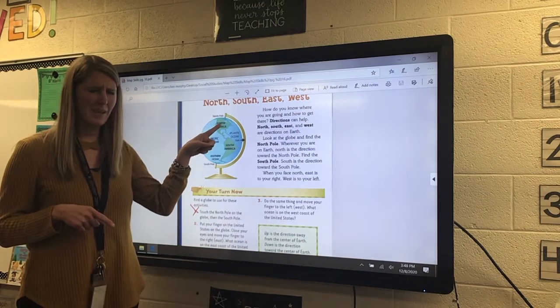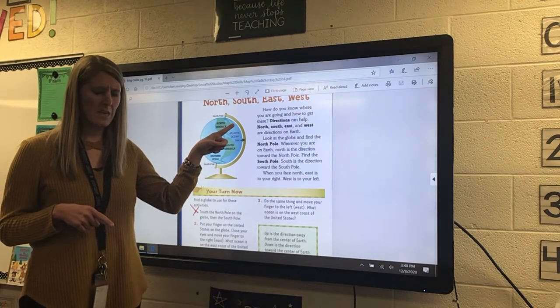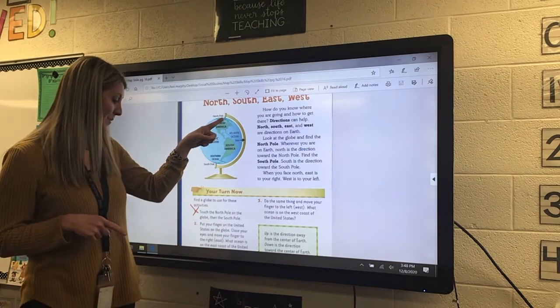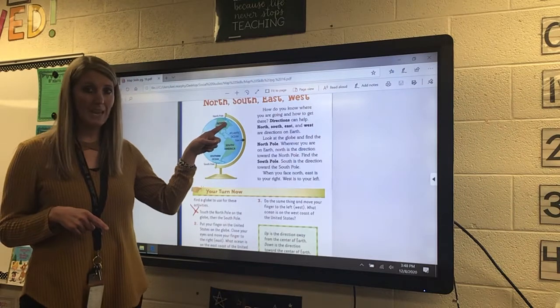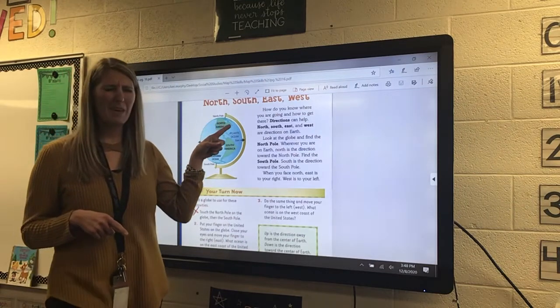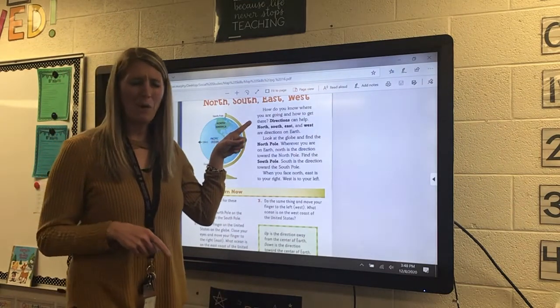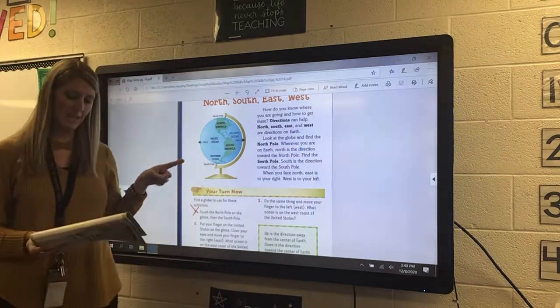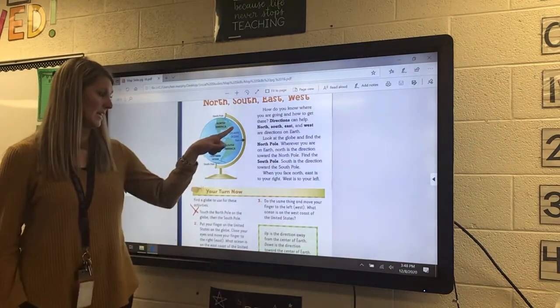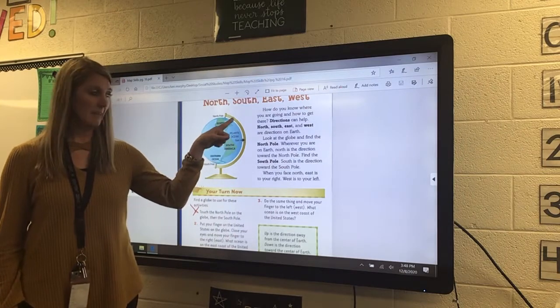It says, what ocean is on the east of the United States? When I close my eyes and move my finger, which ocean did I go to? If you look, it is the Atlantic Ocean.